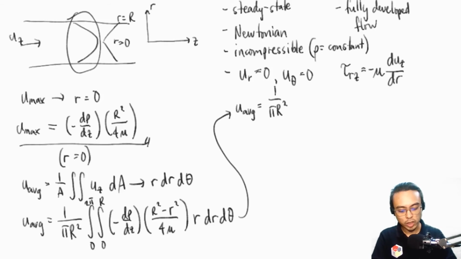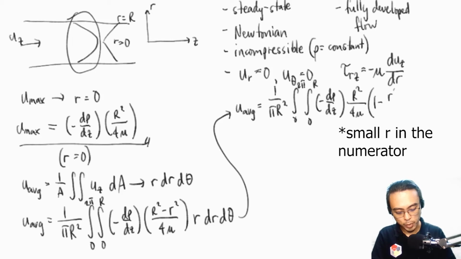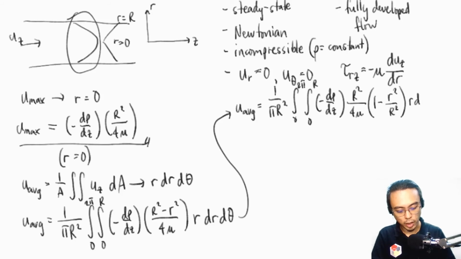So if we will factor that out, we now have 1 over pi r squared times the integral from 0 to 2 pi, integral from 0 to capital R of negative dp over dz times capital R squared over 4 mu times 1 minus big R squared over capital R squared times r dr d theta. And then we can now move all of the constant terms out of the integral. So r squared would cancel.